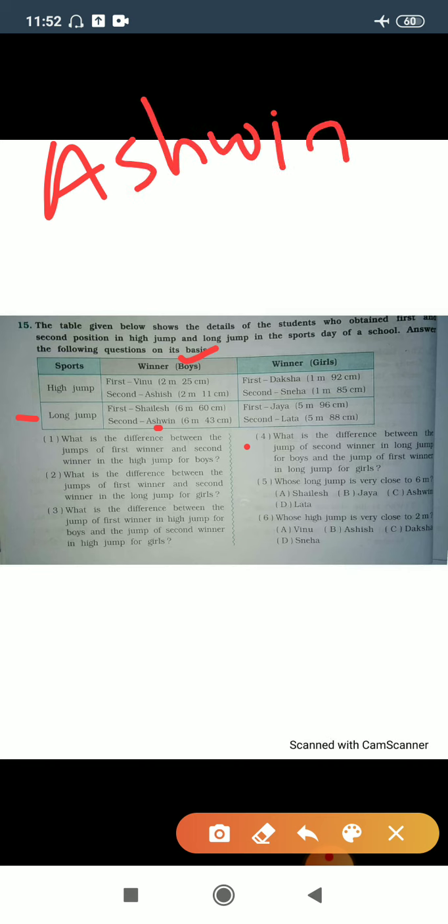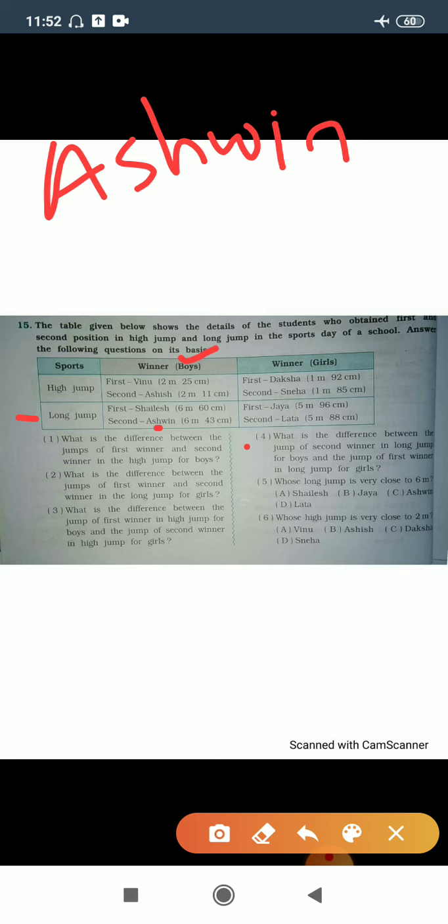Number 4. What is the difference between the jump of second winner in long jump for boys? So long jump is here and boys are here, and we need to see the second winner. So the second winner is Ashwin. Okay, let's read further.